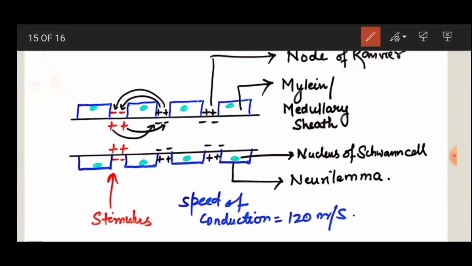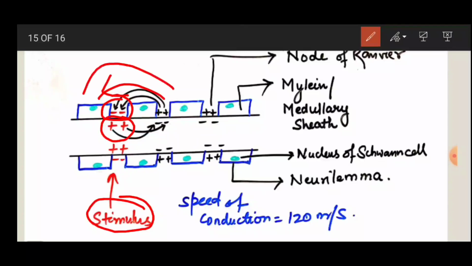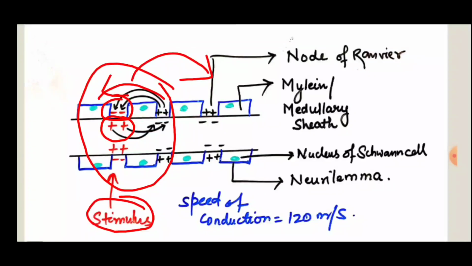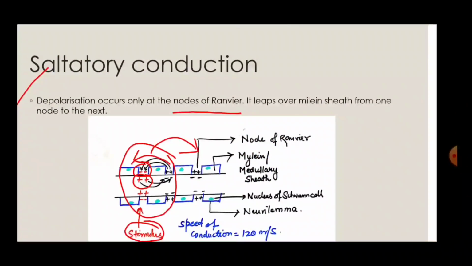How does it take place? Let's understand. Suppose we have given the stimulus at this point, the polarity is changed and the current flows from the terminals, and a local circuit is created here. Now this local circuit jumps, and this is comparatively faster than in the non-myelinated neuron.